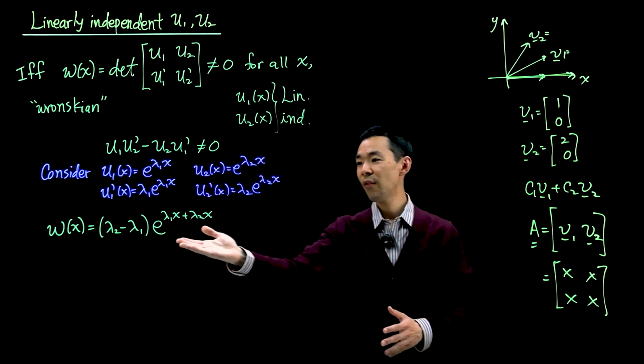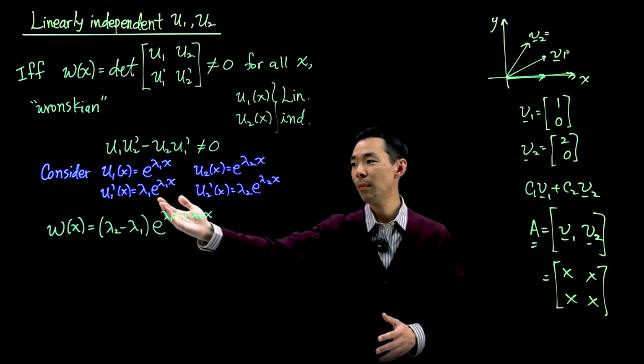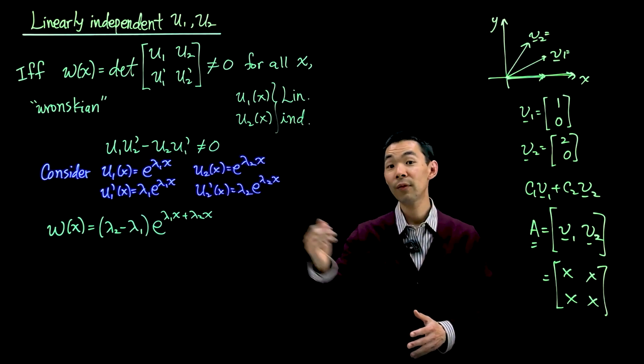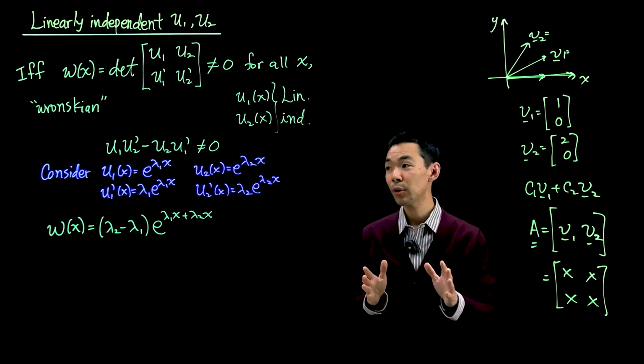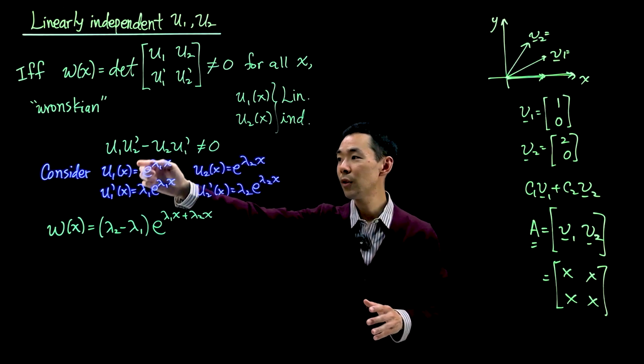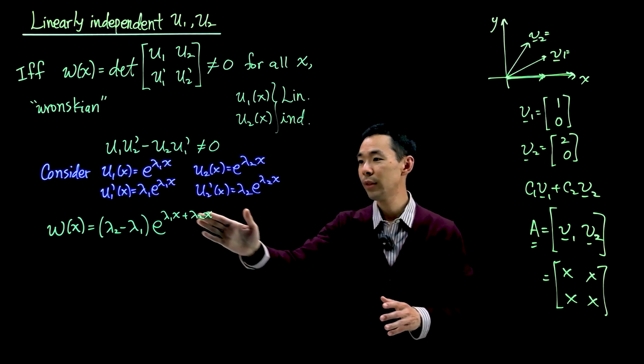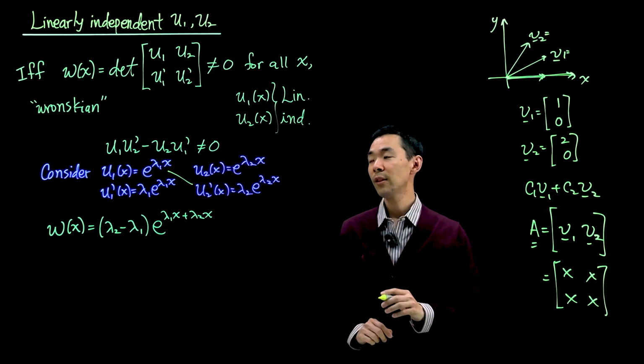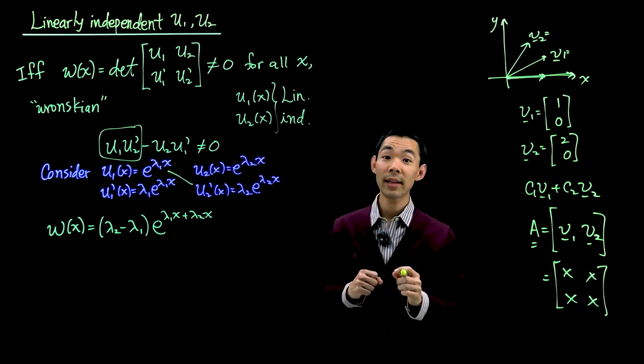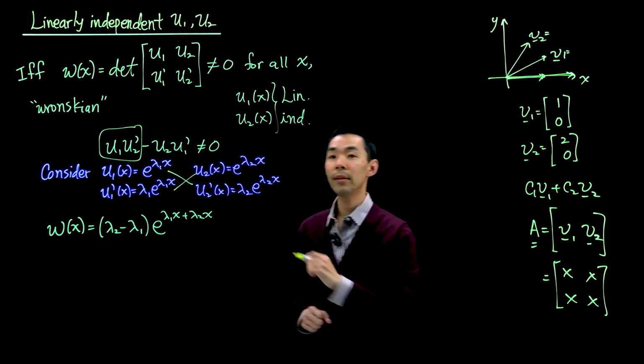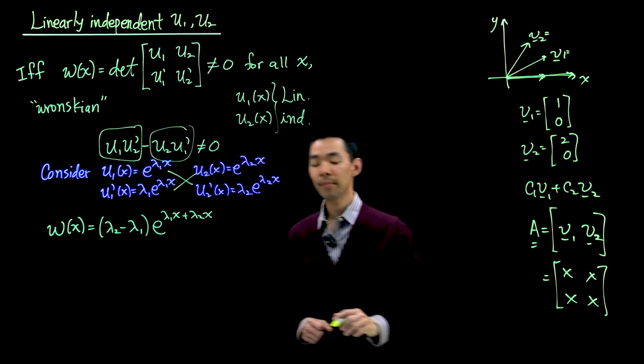And if you factor out lambda 1 minus lambda 2, you get the following form. You can see this pretty easily. You just multiply this term over here on the upper left with the bottom right. That's the first term. And you subtract out the other diagonal, this term.